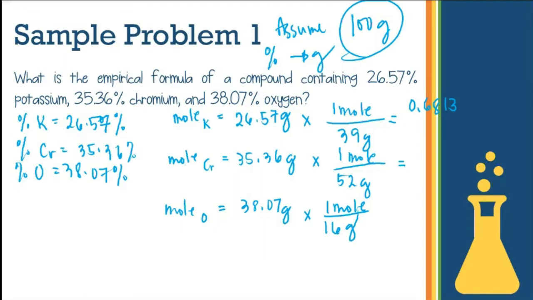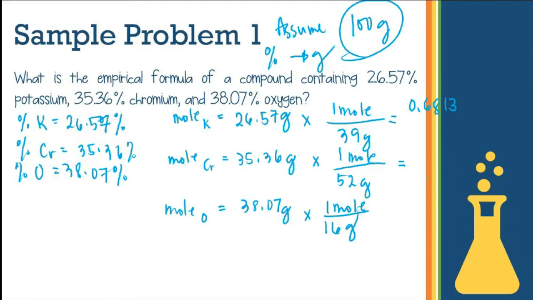Kapag final na yung answer natin. Kagaya sa percentage composition, kapag yun na yung mismong i-compute natin. Ito kasi, we're still talking about the number of moles. So, pwede pa natin siyang pahabain. Pero ako hanggang 4 decimal places lang. Kasi the more decimal places, the more accurate our answer will be pagdating sa dulo.